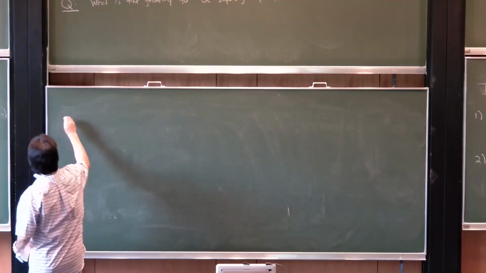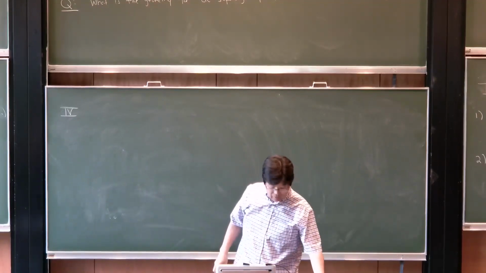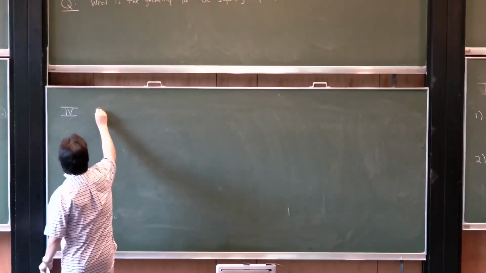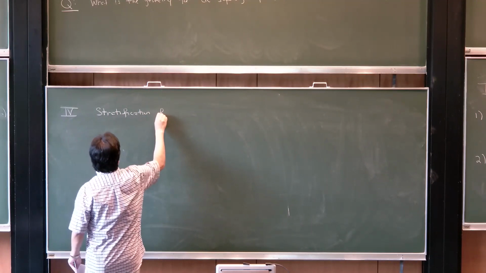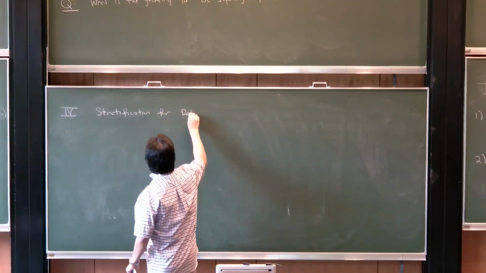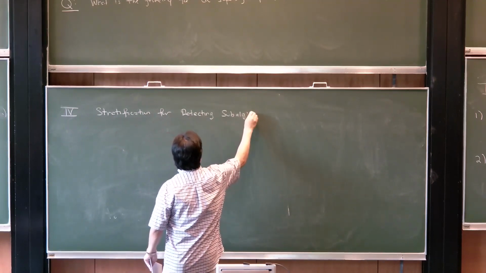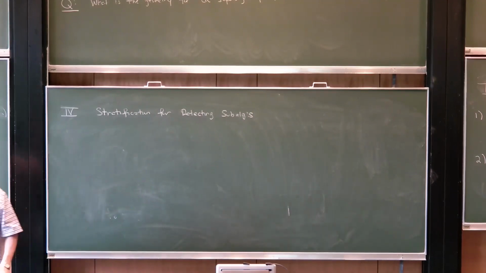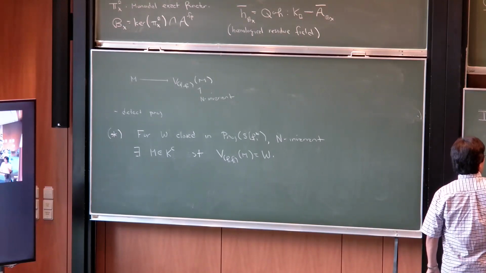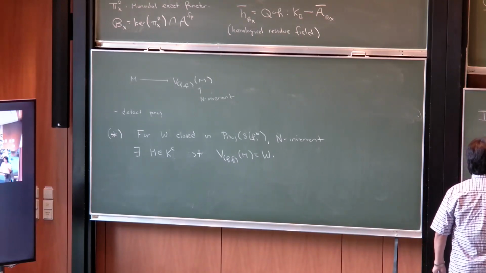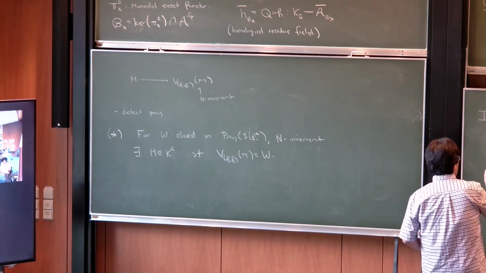The first thing you need to do is enhance things, and the way you have to enhance things is to do some stratification. Suppose I have a detecting subalgebra. I'm going to ignore things a little bit.